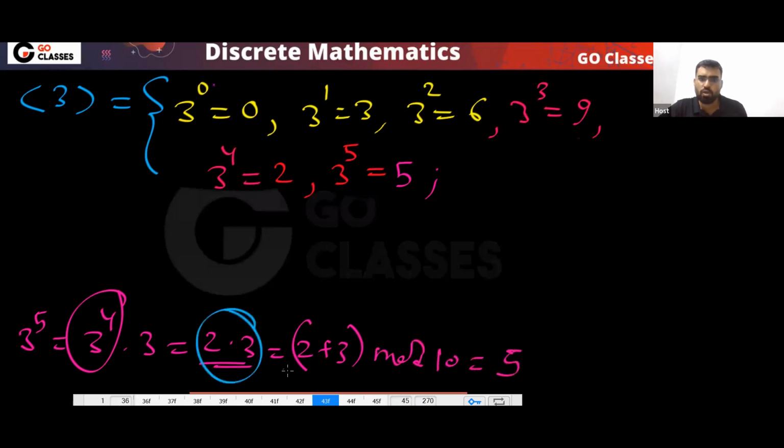Don't say that 2 into 3 is 6. No, this is 5. Take care, this is a very common mistake. So 3 power 5 will be 5. What is 3 power 6? That will be 8. What is 3 power 7?